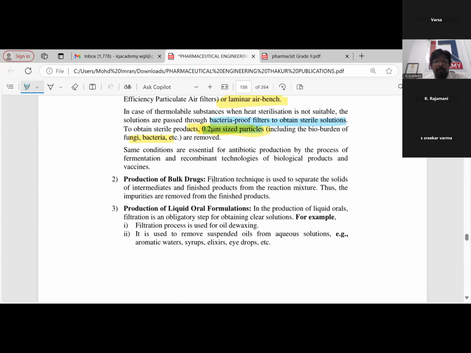Next application, in bulk drug production we are also going to use filtration techniques. In liquid oral preparations also, especially while preparing elixirs, eye drops, syrups, and in aromatic waters, filtration is a major technique to separate and purify the material we obtain.